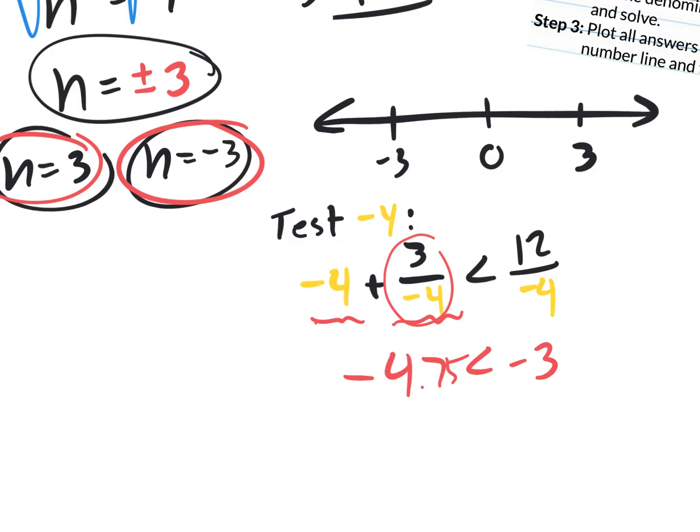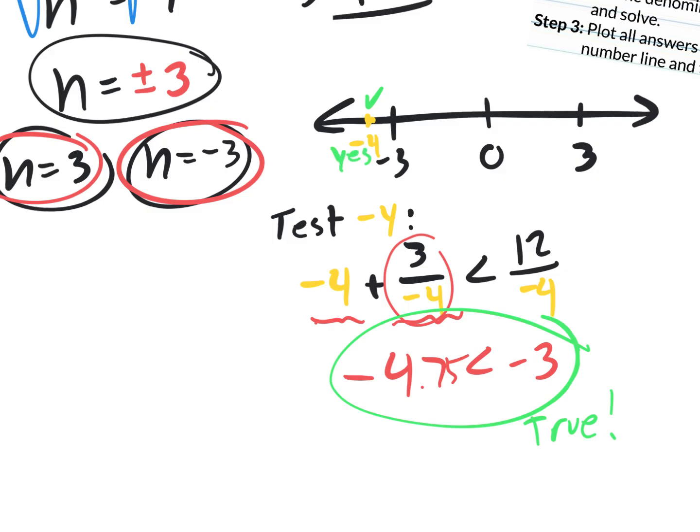True statement. So you would say true, okay? We just tested the value negative 4, and that worked, check. You could put a check mark, or say yes, this side works, whatever you want. But you know that your answers are on the left side of negative 3.